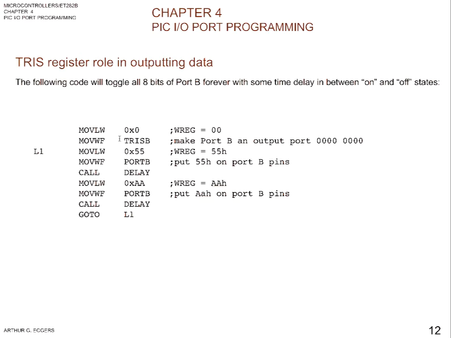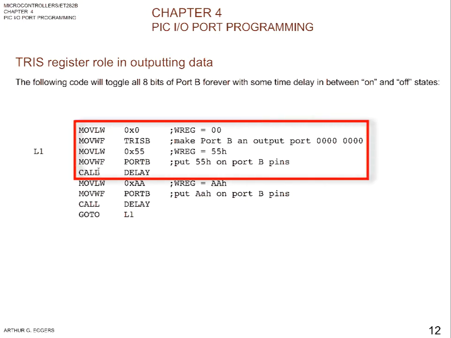So you can see in this case we're moving information to the working register, then to the tri-state buffer, and from the working register to port B. And then at this point they're calling a delay. So you've got a delay there to slow things down, because typically as the processor is working through it, it's too fast for you to see. You will never see it unless you stop the program or you introduce a delay in there to slow down the process.